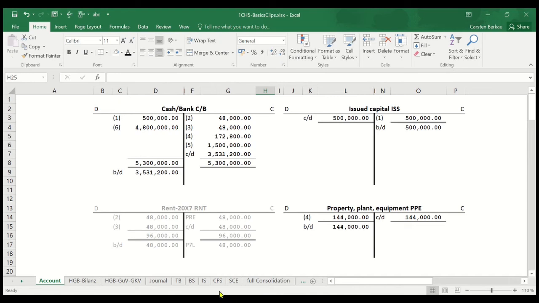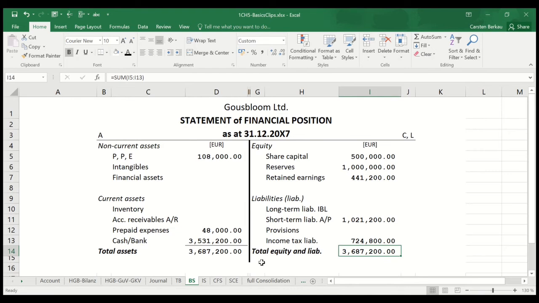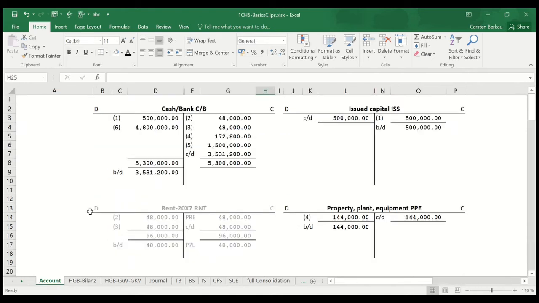In the case study GOUSBLOOM, we got the income statement from the last accounting period 2007. On the income statement, we noticed that the company had to pay income taxes, and we will see the balance sheet as well. Fortunately for the company, we have access to the accounts.